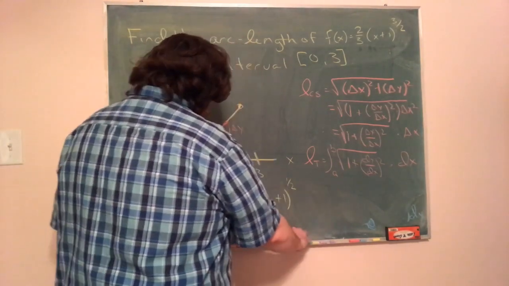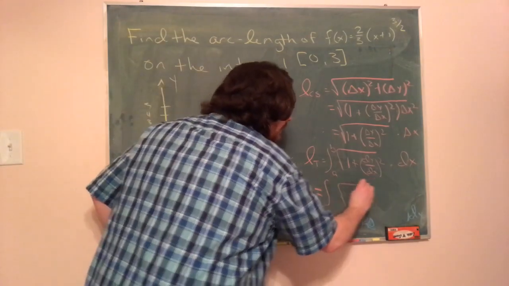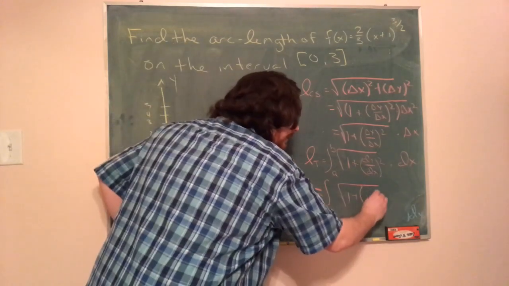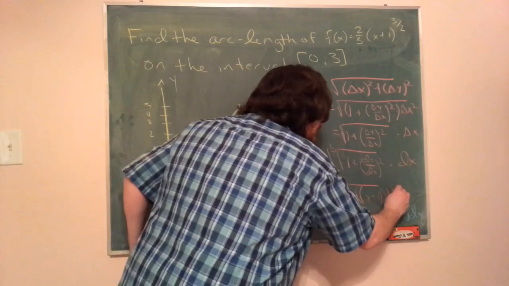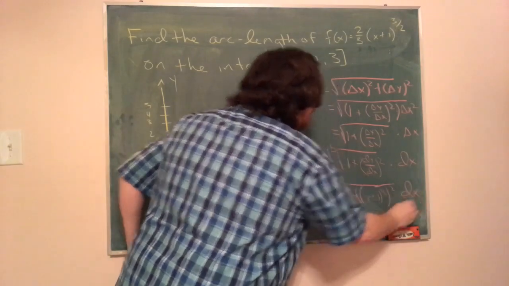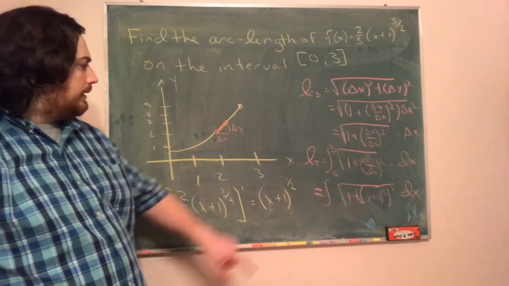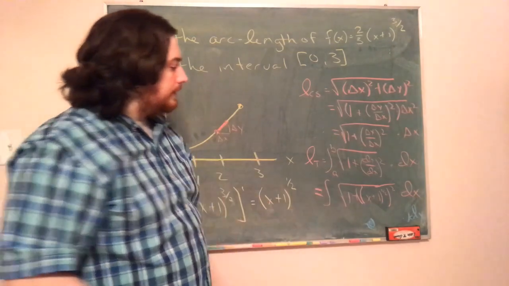Now if I plug that in here, I get the integral of the square root of 1 plus ((x plus 1) to the 1/2) squared dx. The last thing I need to do is find a and b, but those are given to me because I'm integrating over the interval 0 to 3.